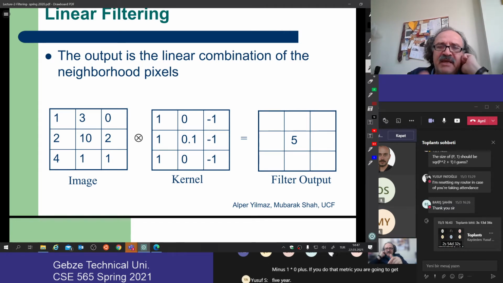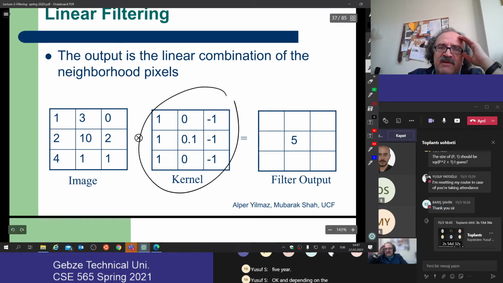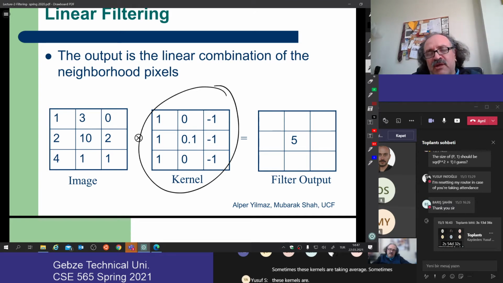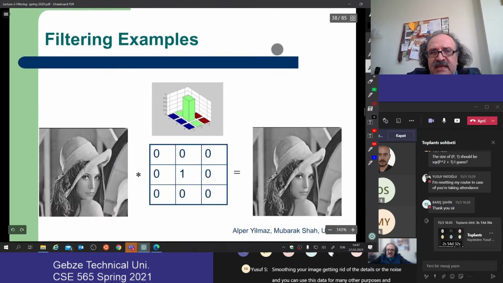Depending on the kernel definition, you will get some kind of a result. Sometimes these kernels are for taking derivatives. Sometimes these kernels are taking average. Sometimes these kernels are smoothing your image, getting rid of the details or the noise. And you can use these derivatives for many other purposes, and we are going to see them.